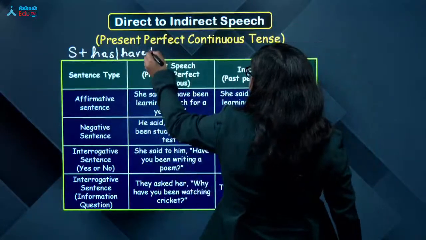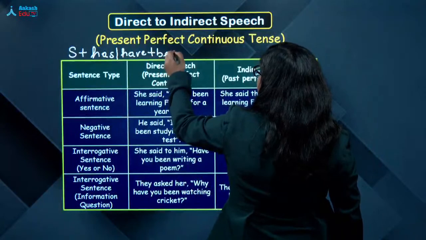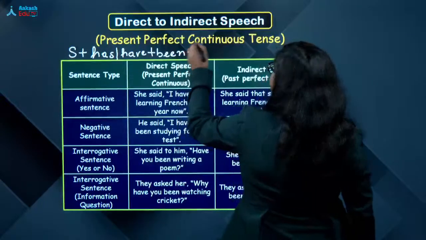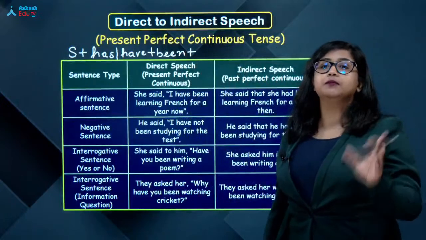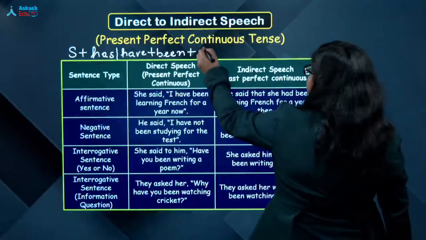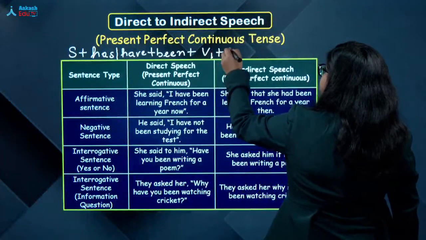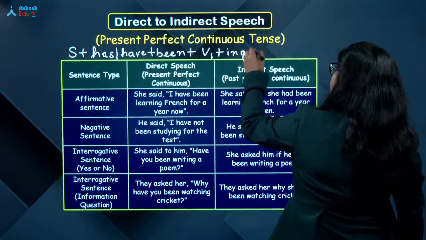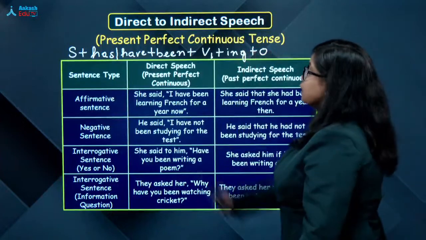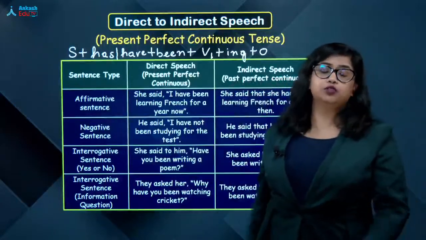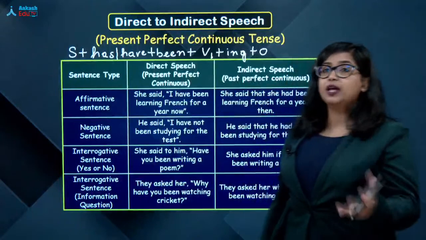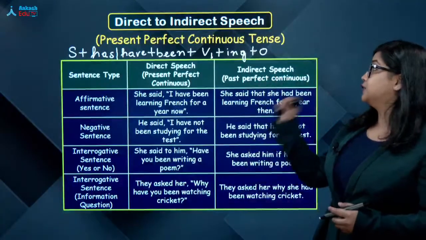So we will use the word been. And because it's continuous, to show that it's continuous, we will use V1 plus ing. So, she has or have been V1 plus ing plus object. So, this is how we frame our present perfect continuous tense.